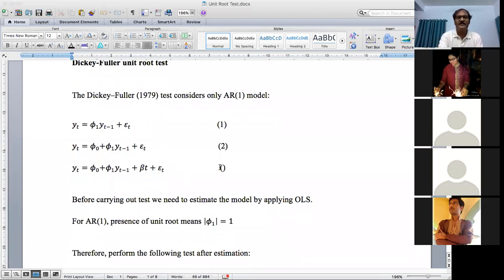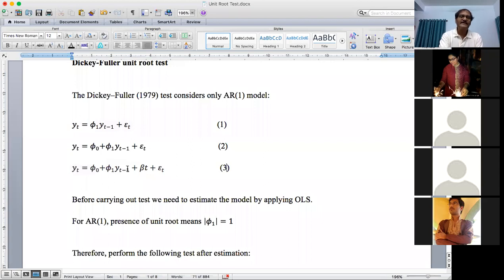In equation 3, Yt follows AR1. But the basic difference is, in equation 1, there is no intercept term. In equation 2, there is an intercept term. In equation 3, there is an intercept term along with the deterministic trend.